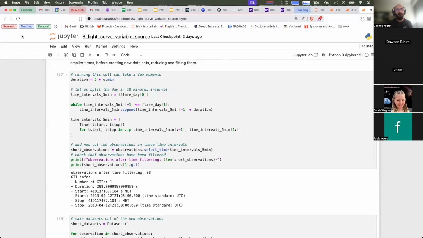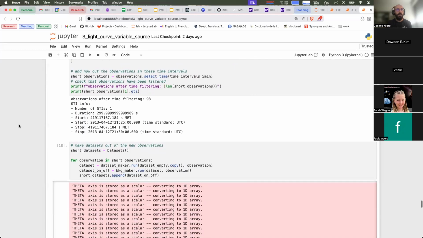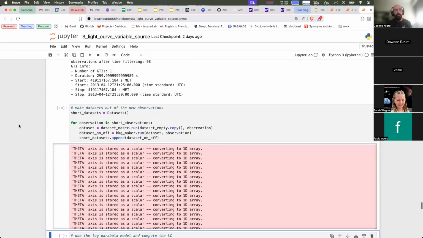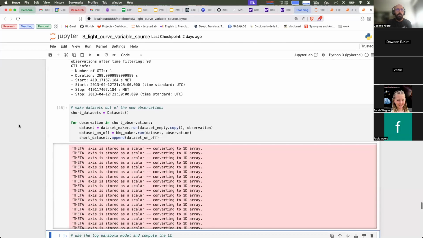Are they just scaled by the shorter time bins? Okay. I don't know. I would say that maybe you have some technical problem if you go very low, and I don't see the point of making 20-second time bins, for example.